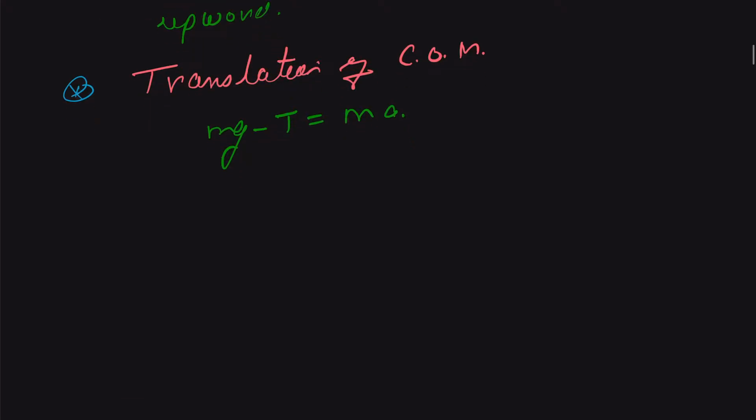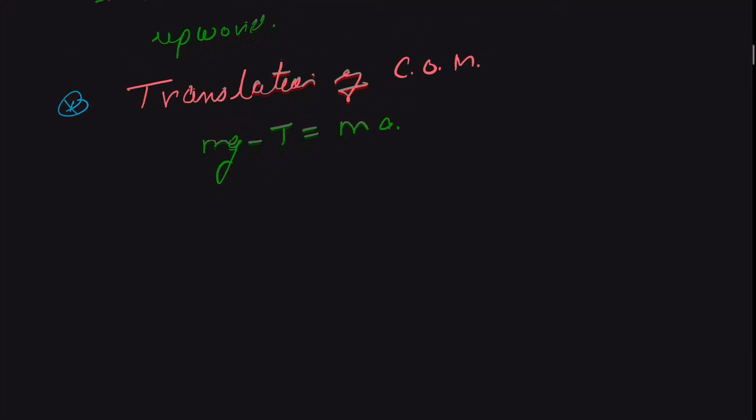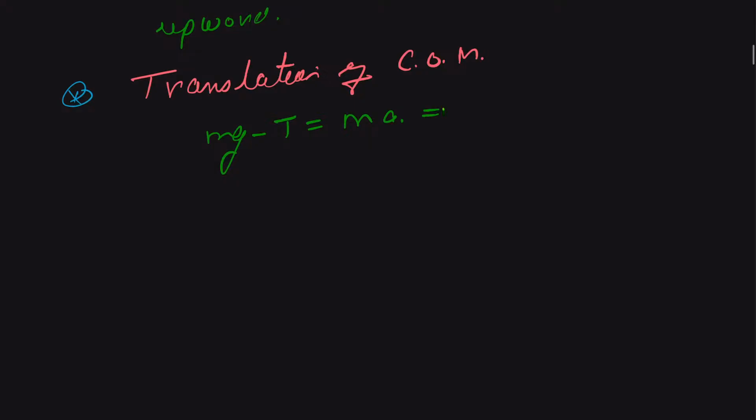From here you can write that our tension T is equal to mg minus ma, and let us call this equation number 1.